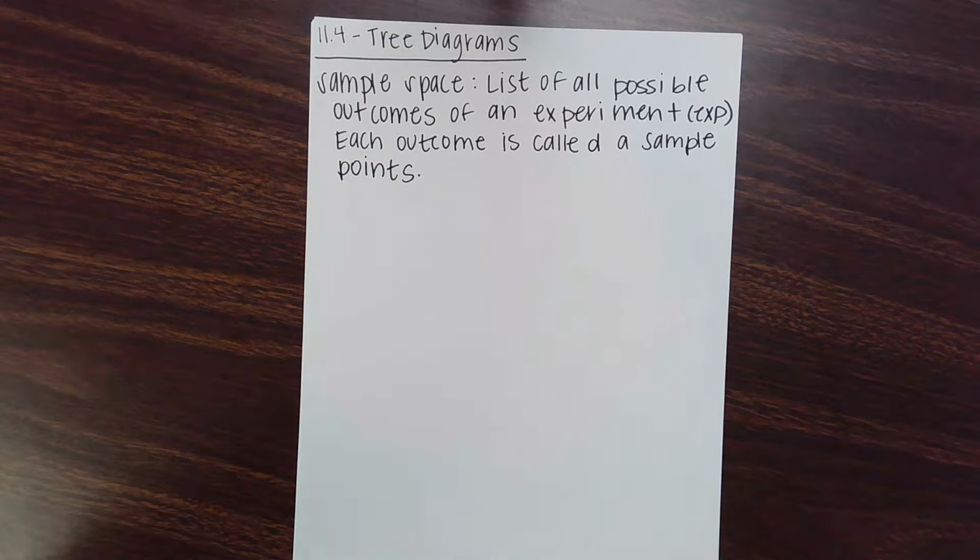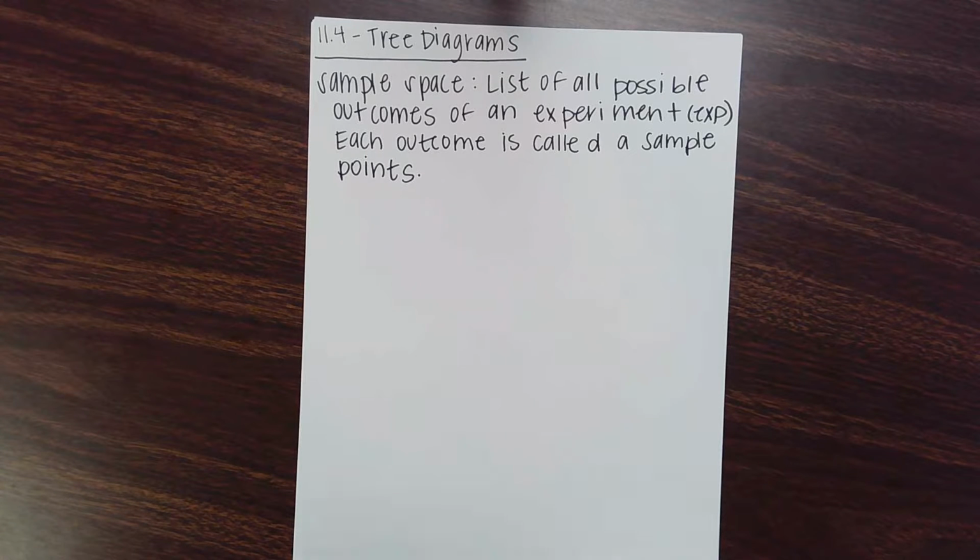Each individual outcome is called a sample point. A list of all sample points, which is all the outcomes, is called a sample space. So space is larger. It's actually made up of all the points. Points are just each individual little outcome within a whole sample space.